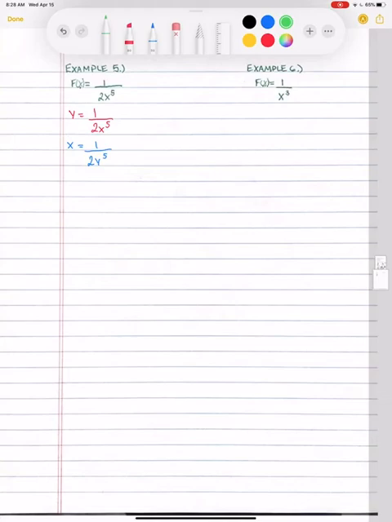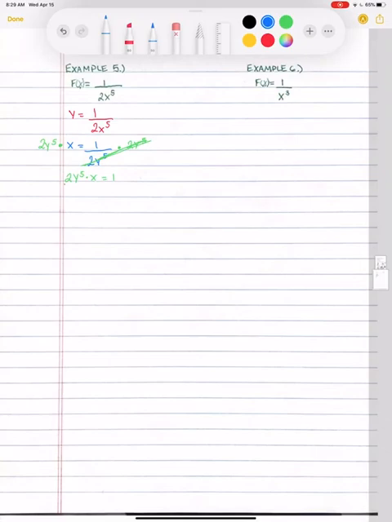So again, y is in the bottom of a fraction. It's in the denominator, so I'm going to multiply both sides by that denominator. So I have 2y to the 5th times x equals 1. Now I'm going to move things away.